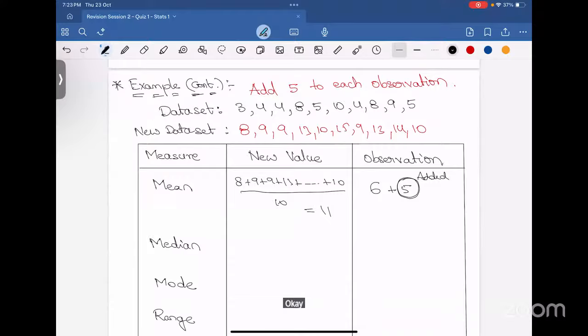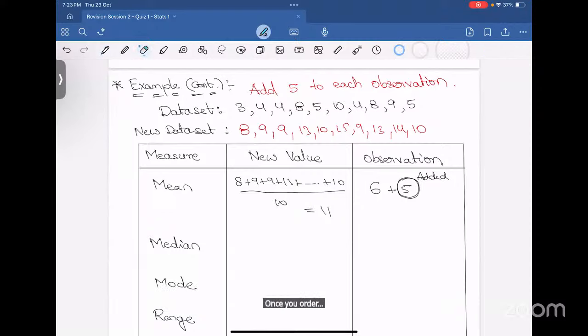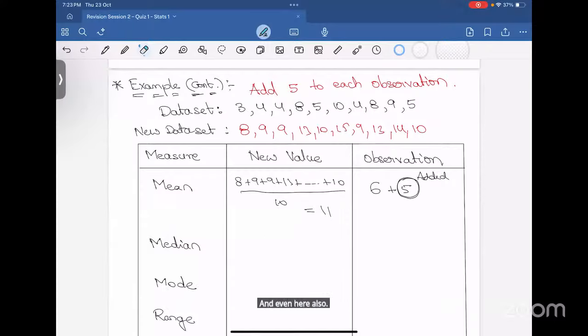What will happen to the median? If you order the data, you can clearly see that 13 will be the median.